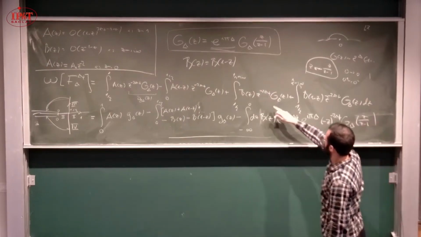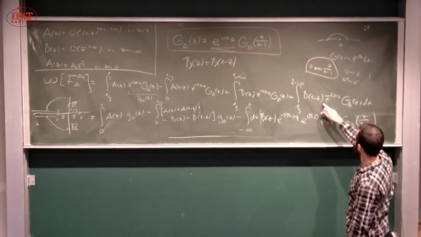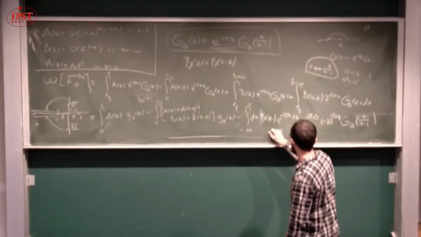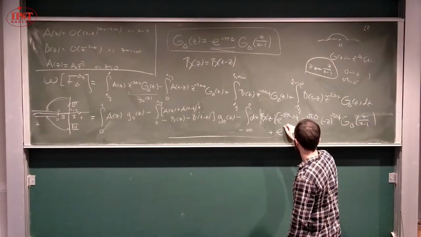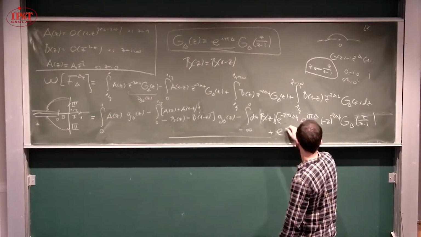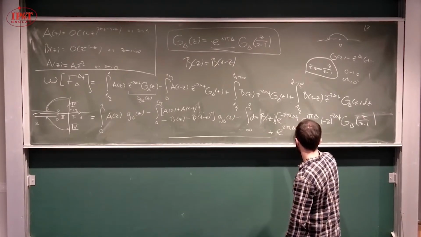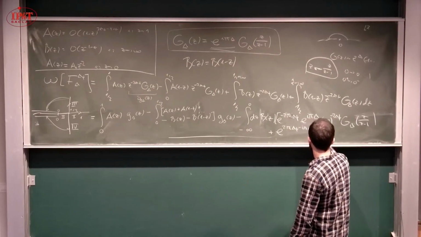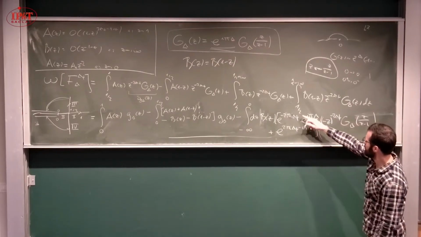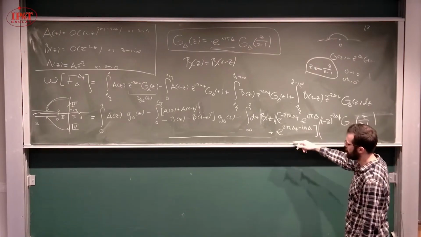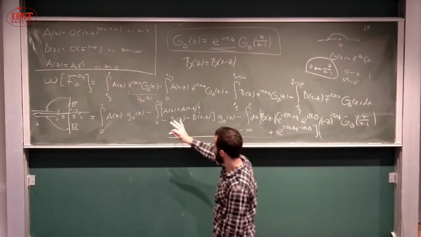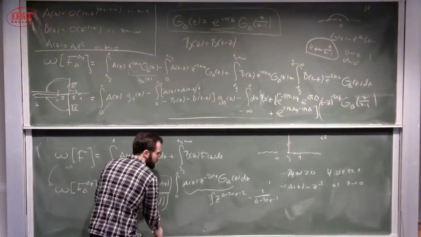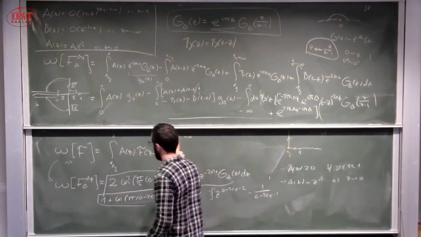That's coming from this term, and what I get from this term is the same thing with the opposite phases: 2 pi delta phi minus i pi delta. Okay, so this is already the cosine that we want. So this produces cosine, and this produces the 1. Well, you can probably do the steps more carefully on your own.